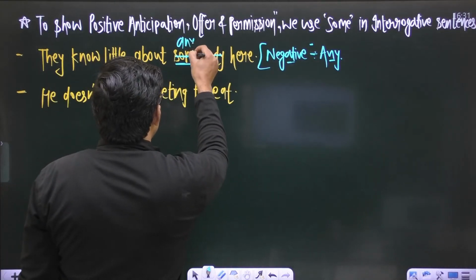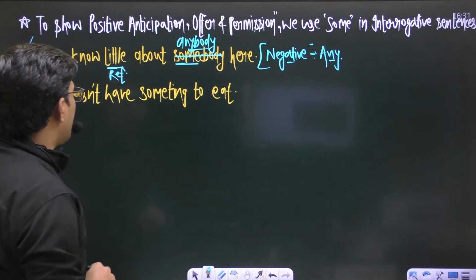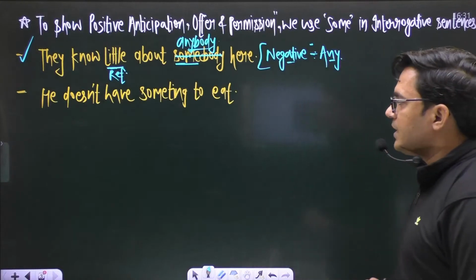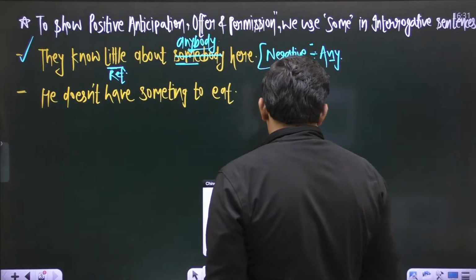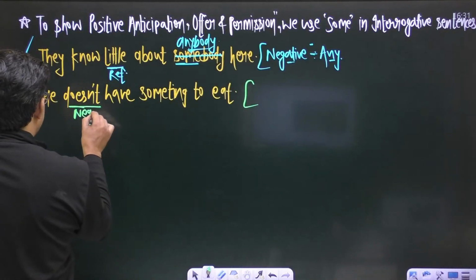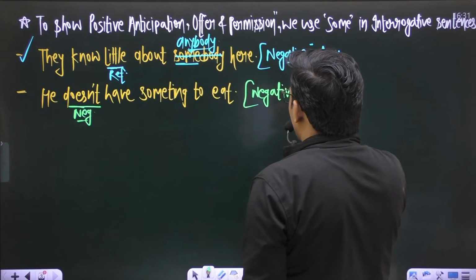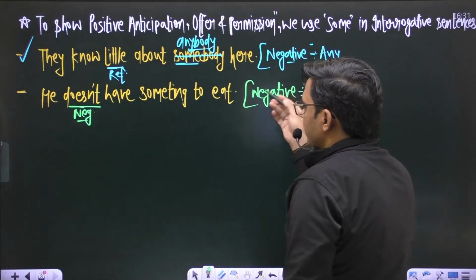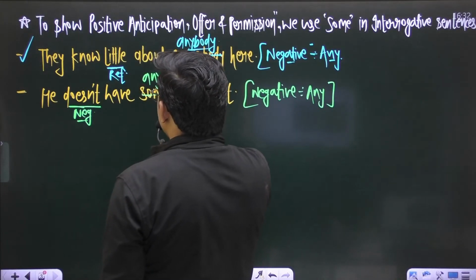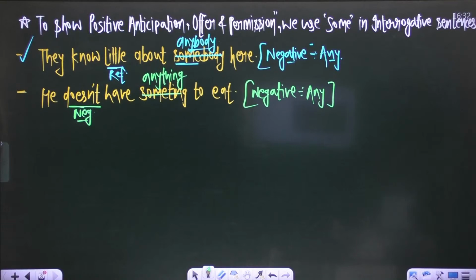We use any, and anybody will be the right answer. The sentence will be: they know little about anybody here. In the second sentence, does not shows negative sense, and again in negative sentences we use any, not some. So the sentence will be: he does not have anything to eat. This one will be the right sentence.